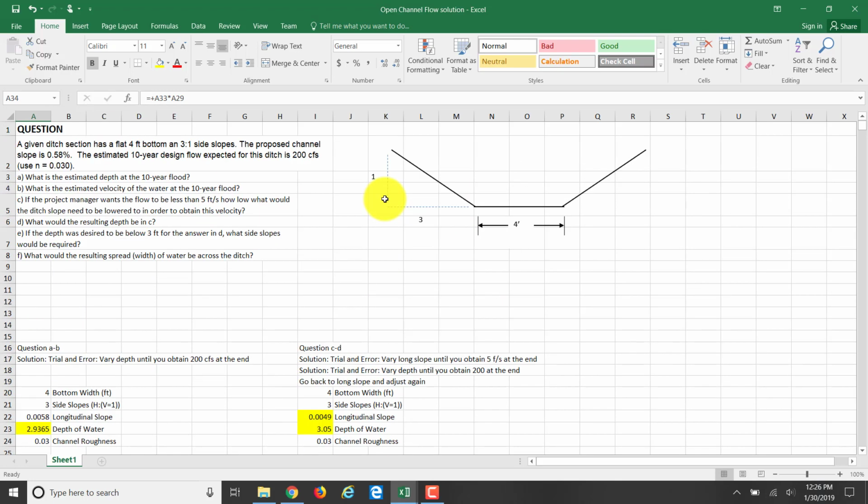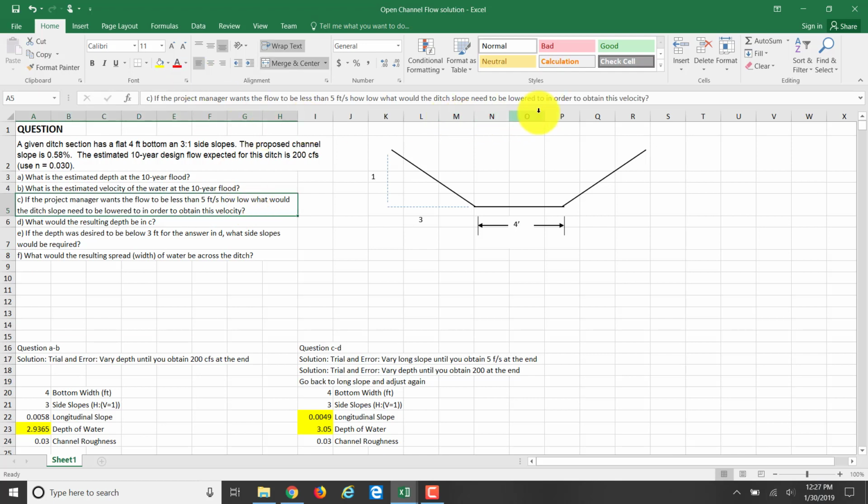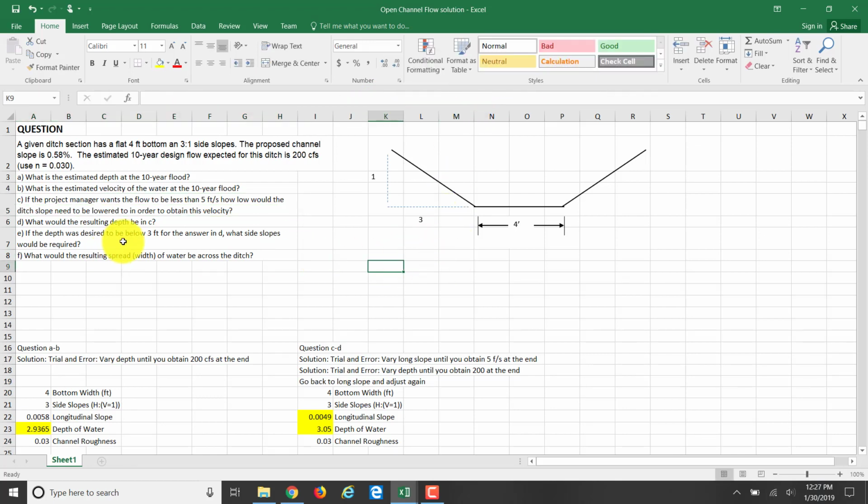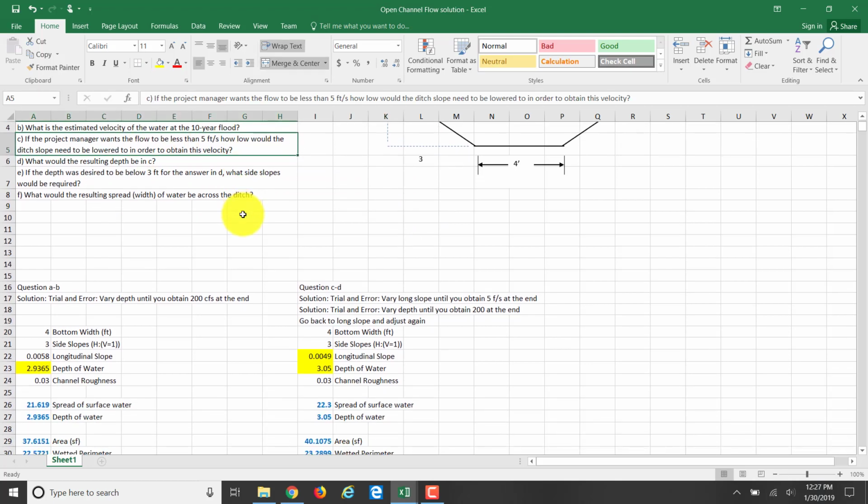Second part is, now I'm looking at, if the project manager wants the flow to be less than 5 feet per second, how low would the ditch slope need to be lowered to get this velocity?